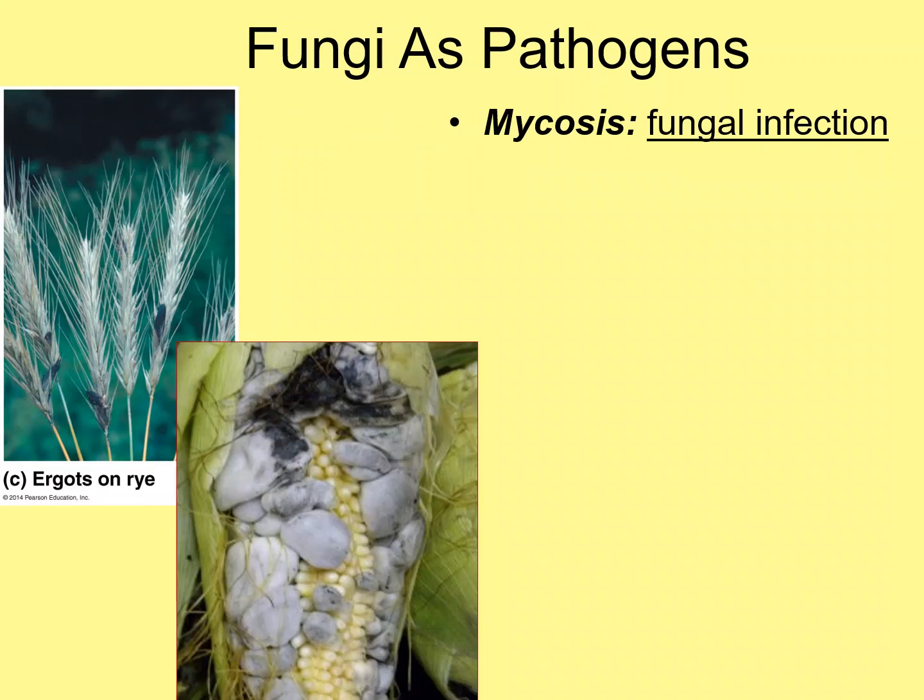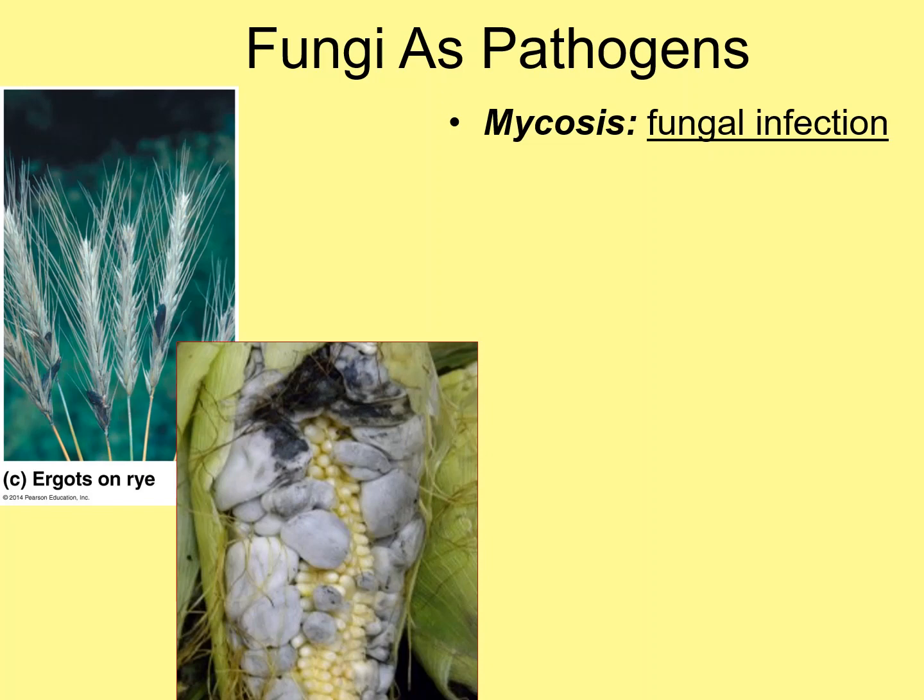Okay, so I mentioned that several of the fungi that we were looking at were either parasites or pathogenic species in this particular group. And of course, a pathogen is anything that causes disease, right?